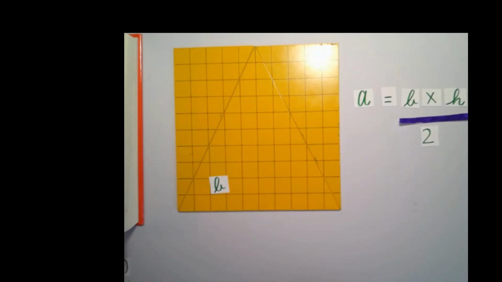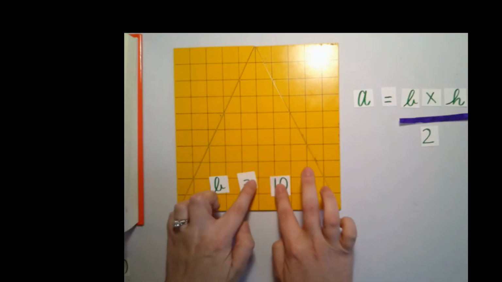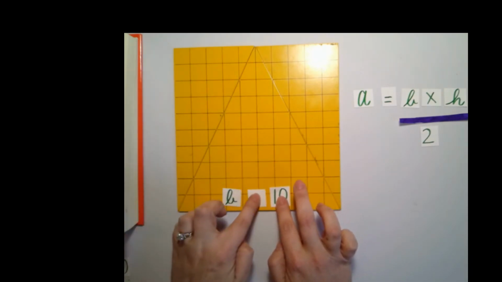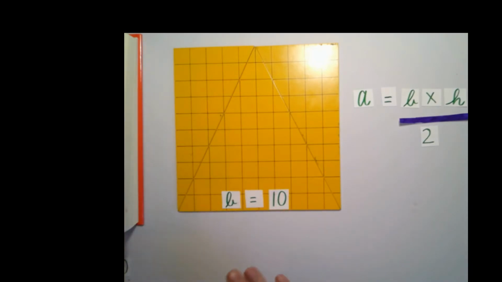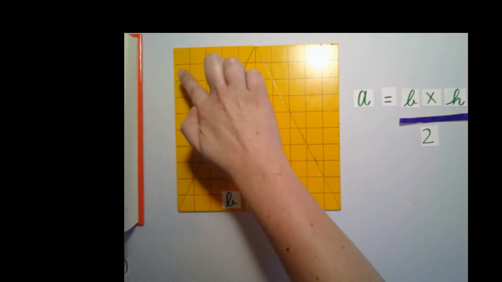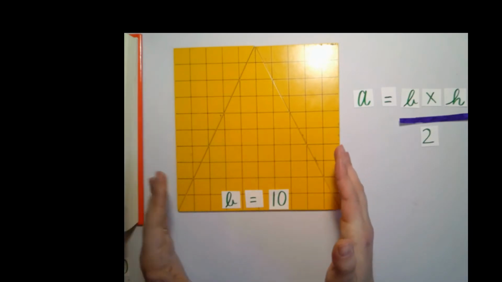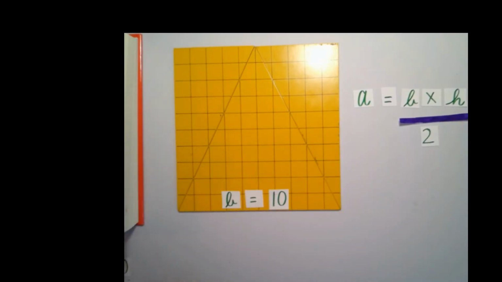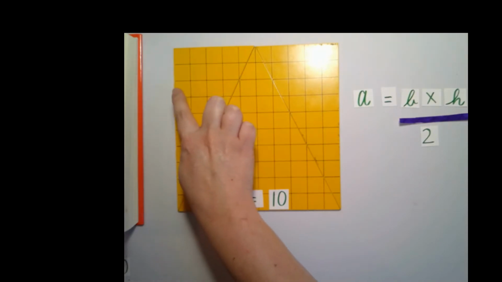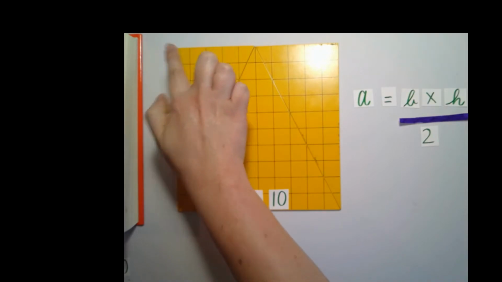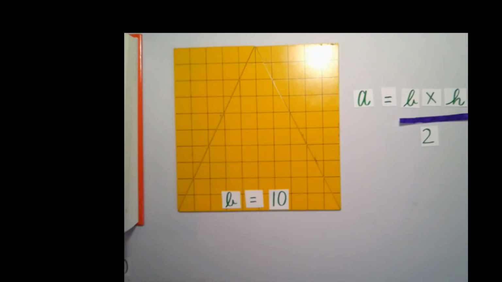So the value or length of our base is 10 unit squares. Okay, that's our base. The value or measurement for the height of our acute triangles that we've put together is 1, 2, 3, 4, 5, 6, 7, 8, 9, 10. It's also 10.